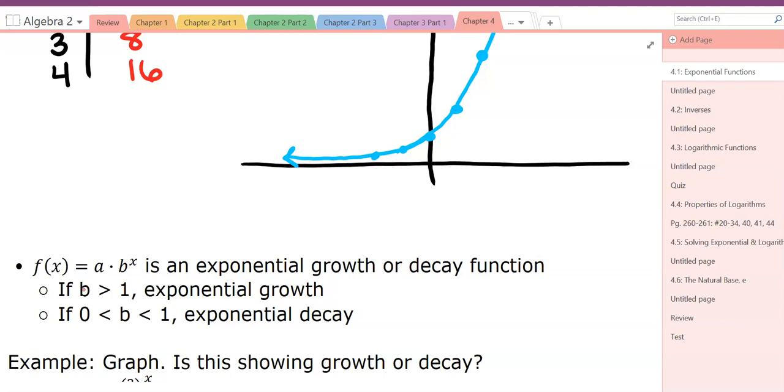If that number is in between 0 and 1, so if it's 0.25 or 1/4 or 1/3, those are all going to be decay. So you can look at that number to give yourself an idea of what this graph is going to look like before you start plotting points, to know if it's going to go up or go down over time.